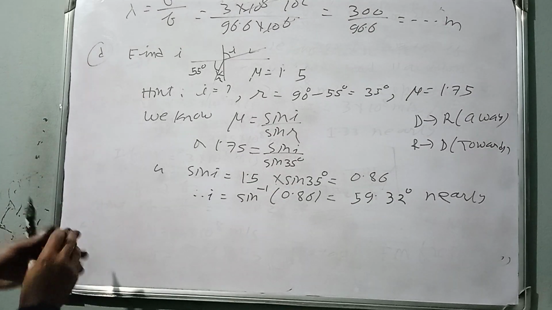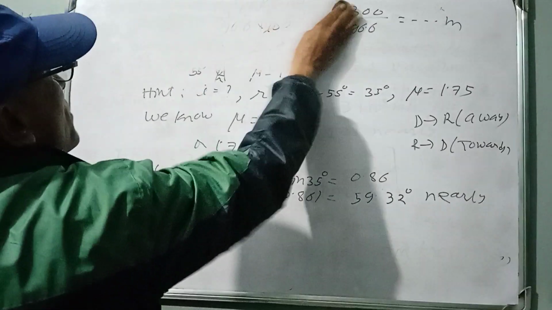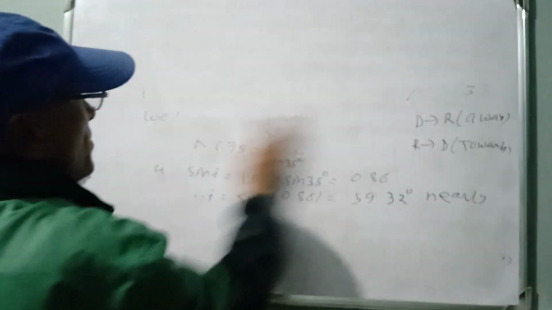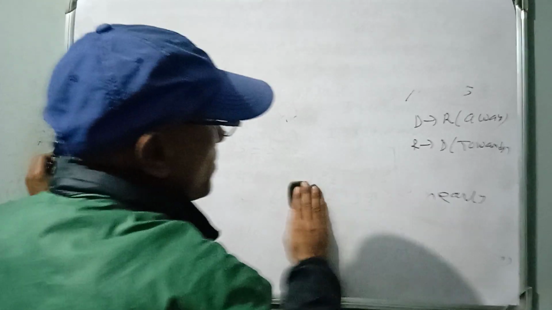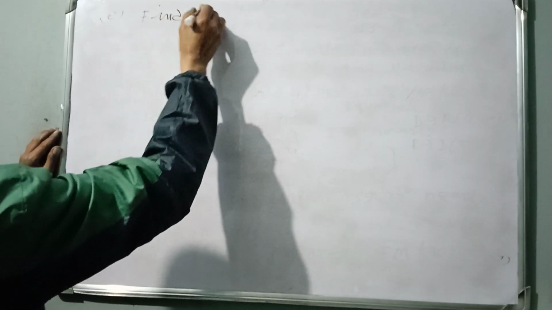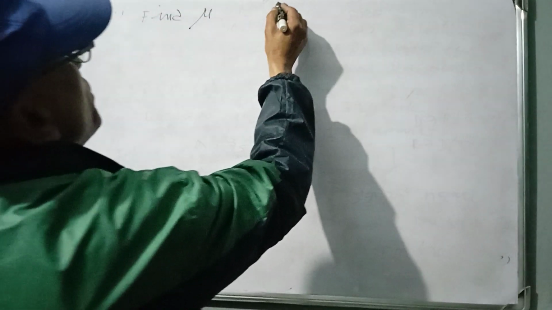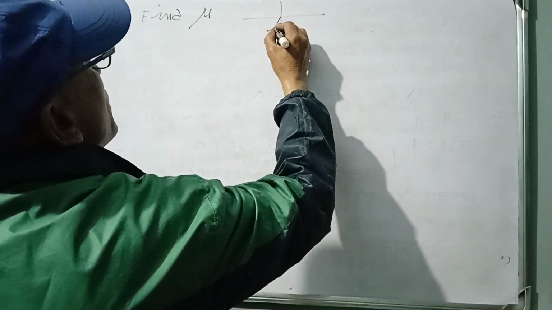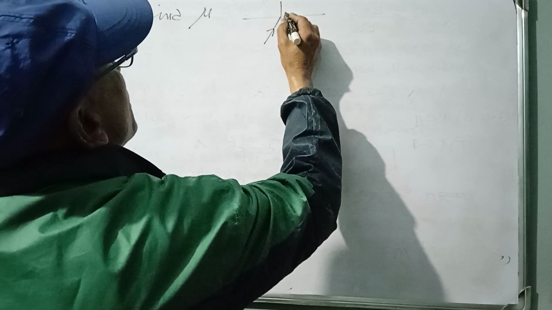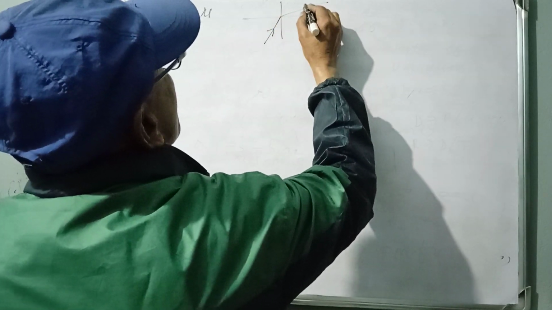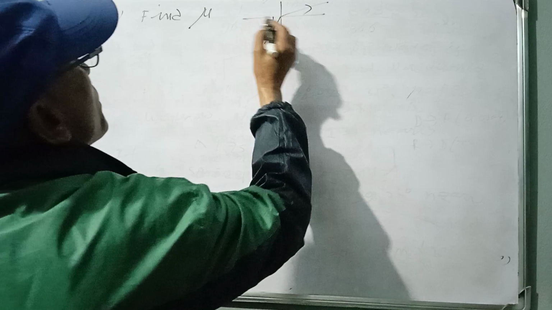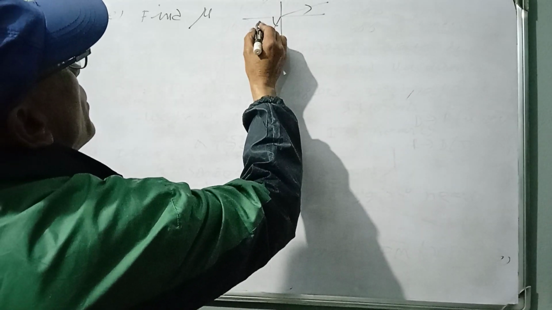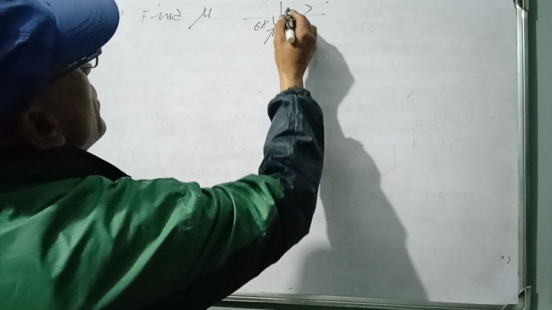Question number D. Question number E. Find the refractive index. How to find? See, suppose it is say 60 degree.